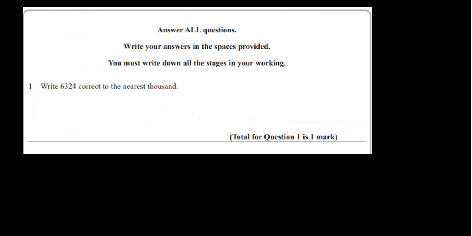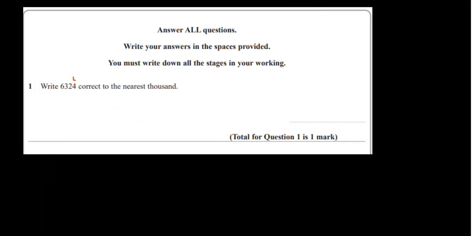So we start off with the units, and the tens, hundreds, and thousands. So then you have to see, if you're rounding 6,324 to the nearest thousand, you're going up in thousands, so you have 6,000 and 7,000.